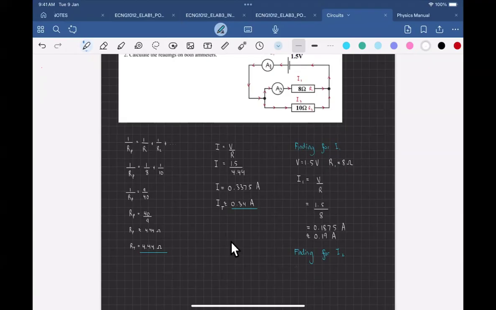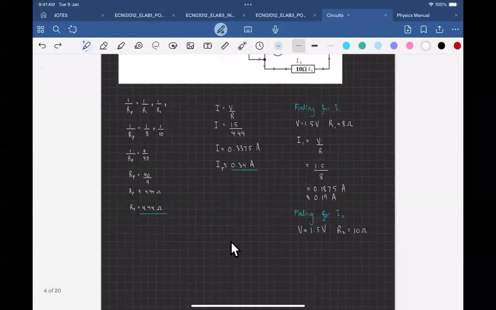The current is equal to V over R. So where's the voltage across R2, and where's your resistance? 10. So I2 will be equal to 1.5 over 10, and that'll give you 0.15.